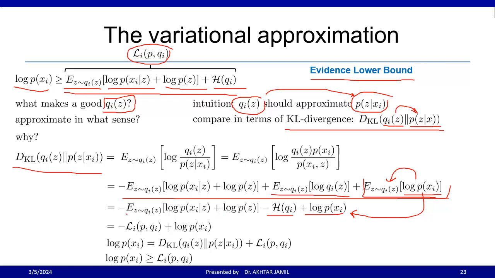अगर आप इस चीज़ को notice करें कि we have already seen this is exactly the same term that we have, which we call L of I of p of q of I, which is the evidence lower bound.